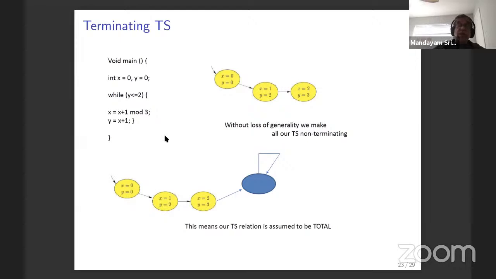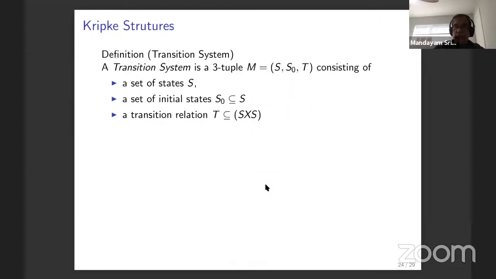But this program is a terminating program, in which case you can extend the state set with some special states. This is a terminating state, which corresponds to the state that you get after exiting the loop, and you can still make the transition relation total by using the convention that I will continue to stay in the same state. So that is the convention that we will be using.